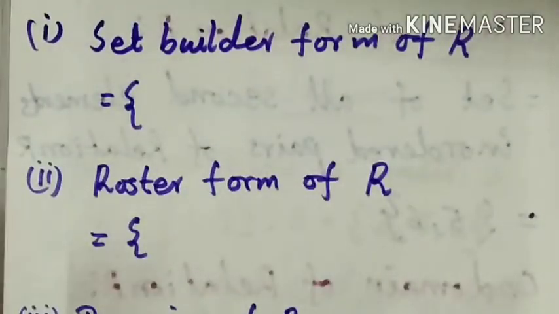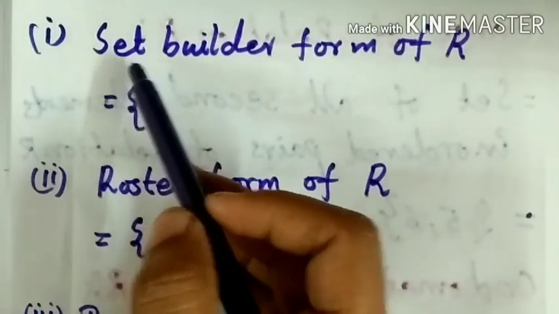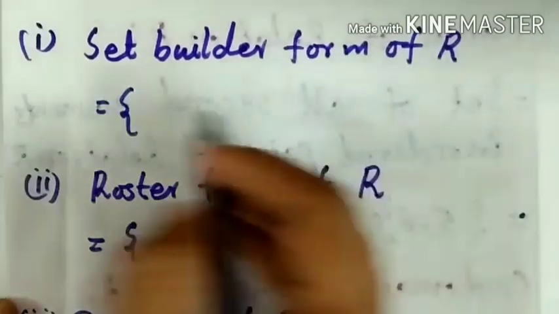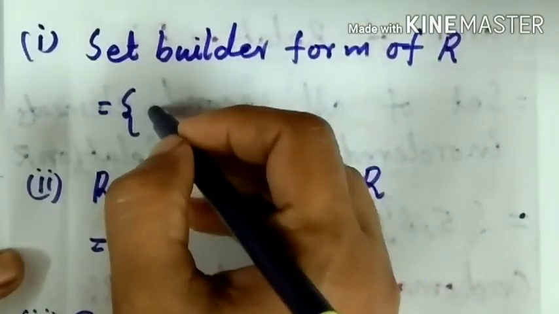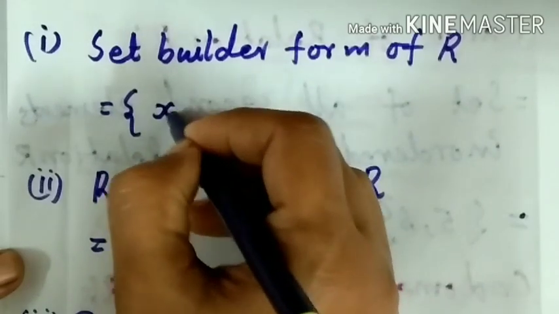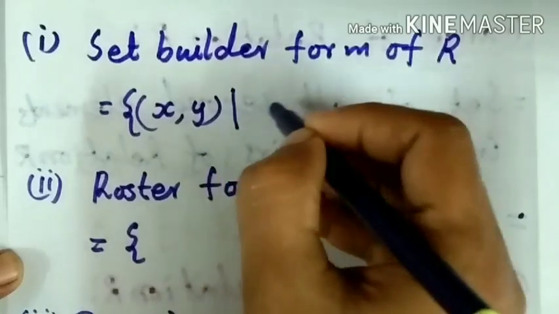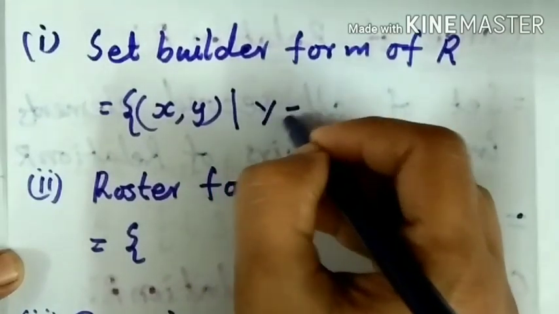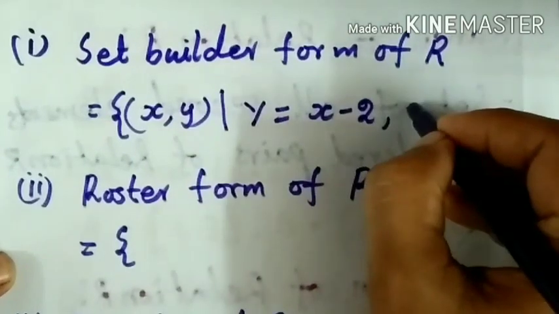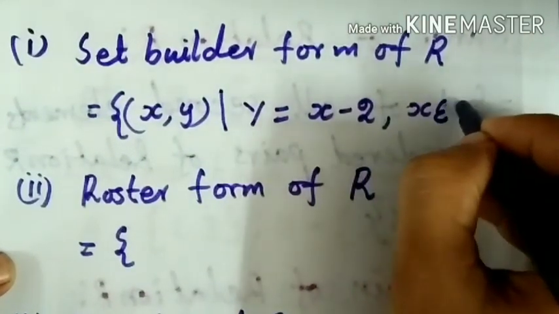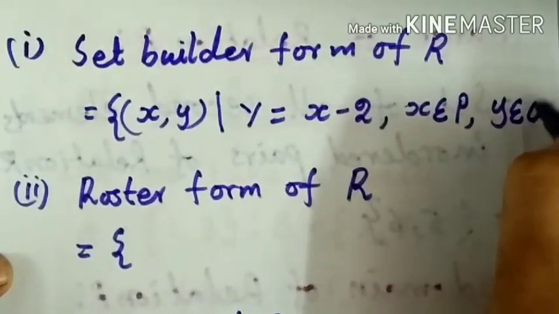Therefore, the first subdivision answer: the set builder form of R is the set of all ordered pairs (x, y) such that y equal to x minus 2. Here x belongs to set P and y belongs to set Q.